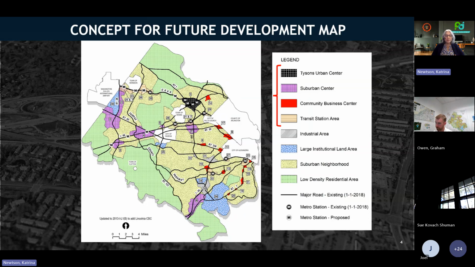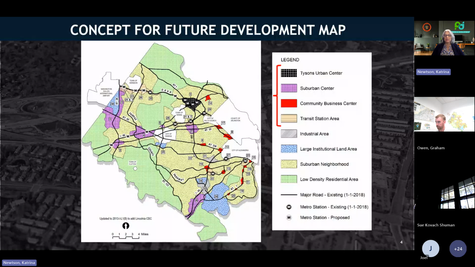We also have more explicit guidance in the area plans, which provides more detailed recommendations on use and density. The concept's policy direction in the area plans, which is illustrated on the map, is for mixed use future growth and development to occur within designated mixed use centers.